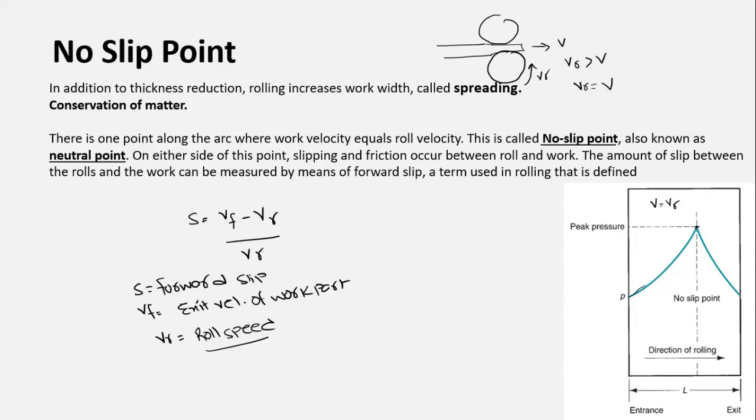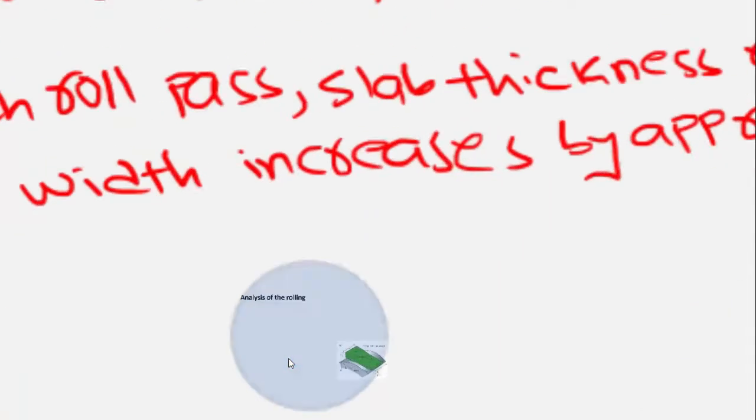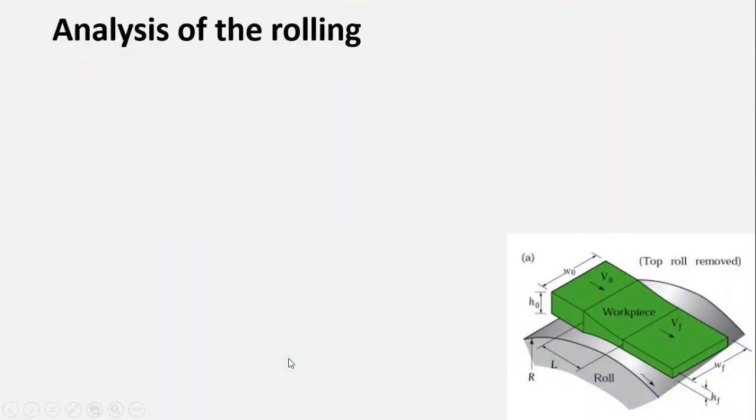Now moving towards the analysis of the rolling operation. What kind of strain would be acting on the workpiece, or what would be useful for us actually?